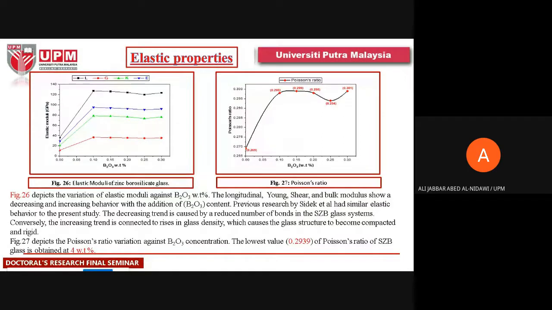The previous study has similar elastic behavior to the present study. The decreasing trend is caused by the reduced number of bonds in the zinc silicate glass system. The increase is connected to the rise in the glass density, which causes the glass structure to become compact and rigid.